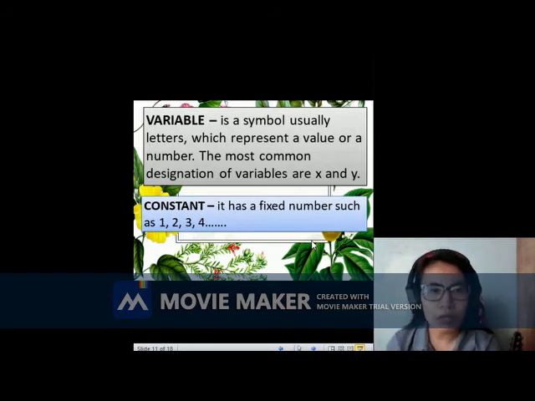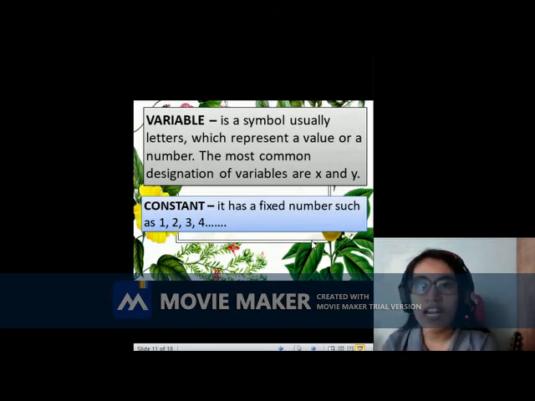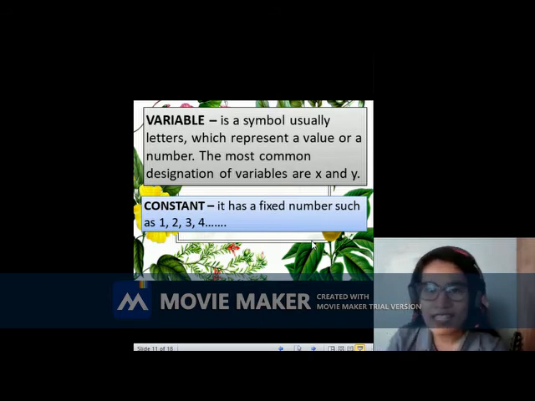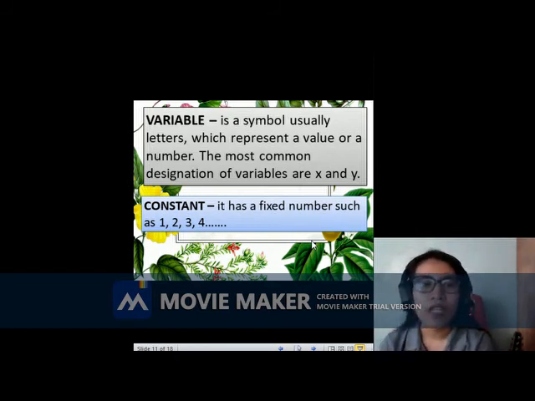The most common designations of variables are x and y. That is the most common, always being used. But still, you can use A to Z. And a constant has a fixed number such as 1, 2, 3, and 4. That is for the constant.